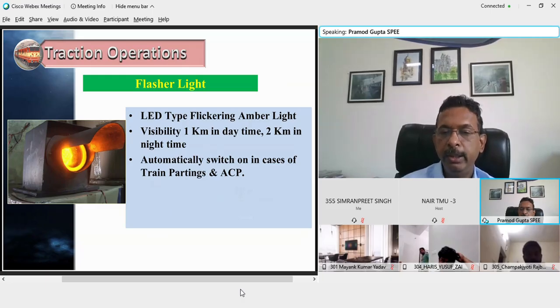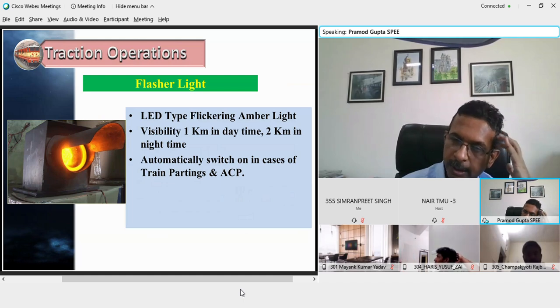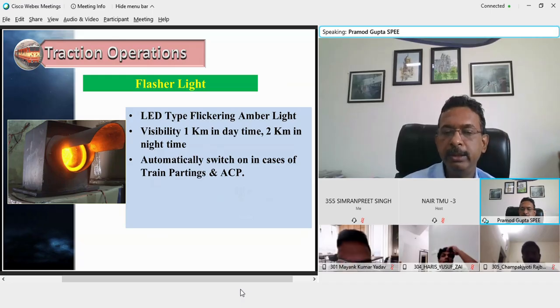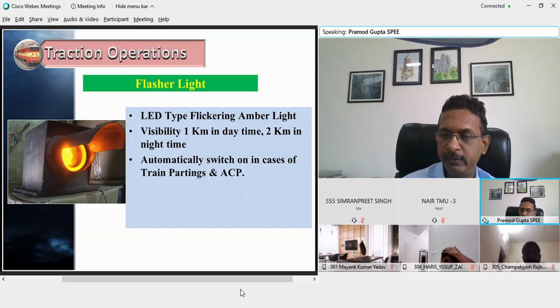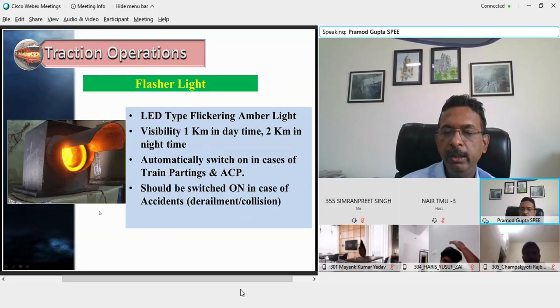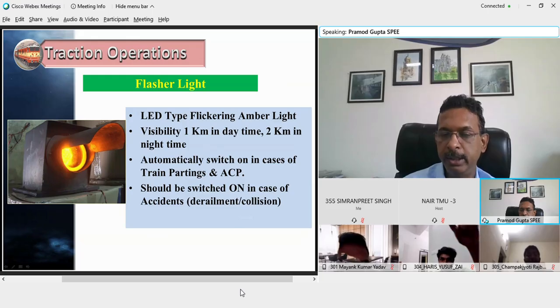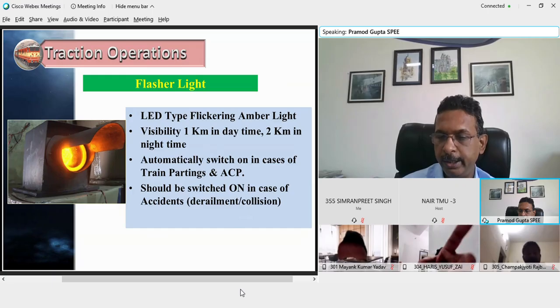It automatically switches on in case of train parting or alarm chain pulling. The circuit is designed in such a manner that without the intervention of the loco pilot, it automatically switches on. And it is also supposed to be switched on in case of accidents. It can be derailment or collision. When there is a derailment, it may infringe the adjoining track.